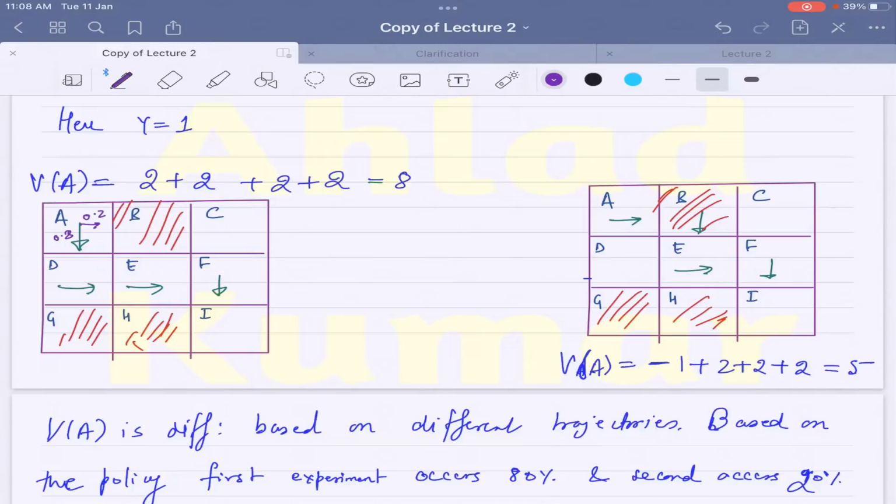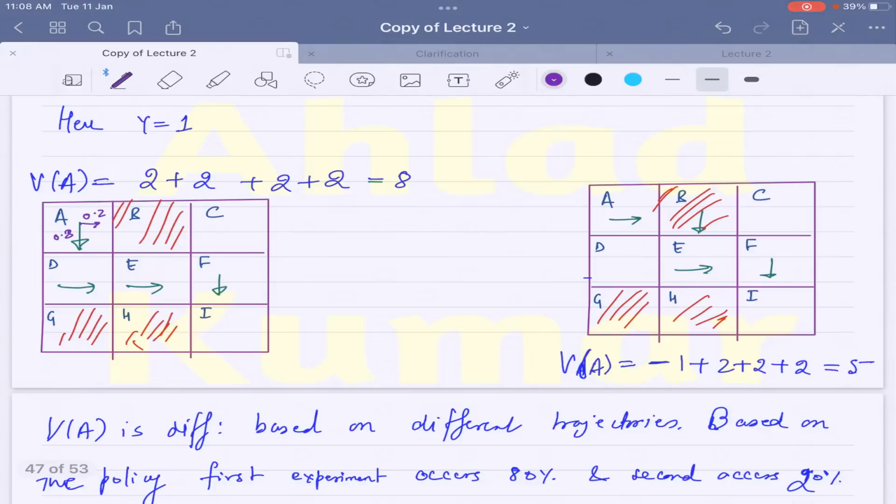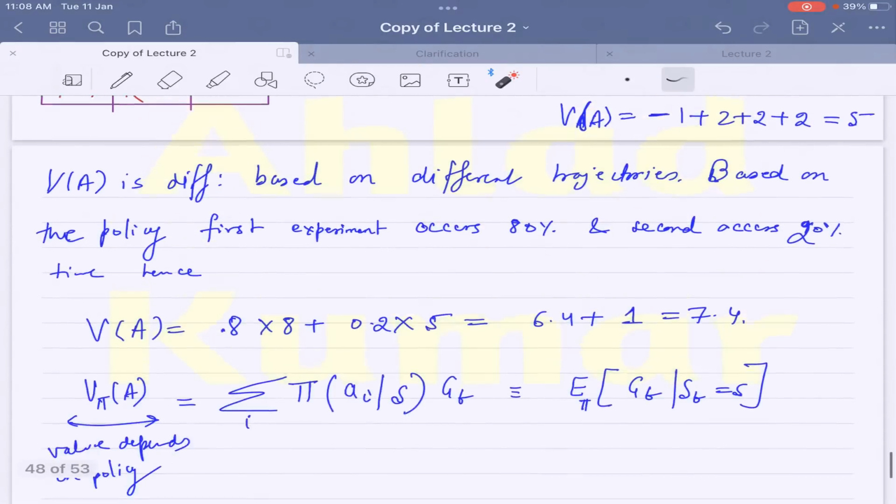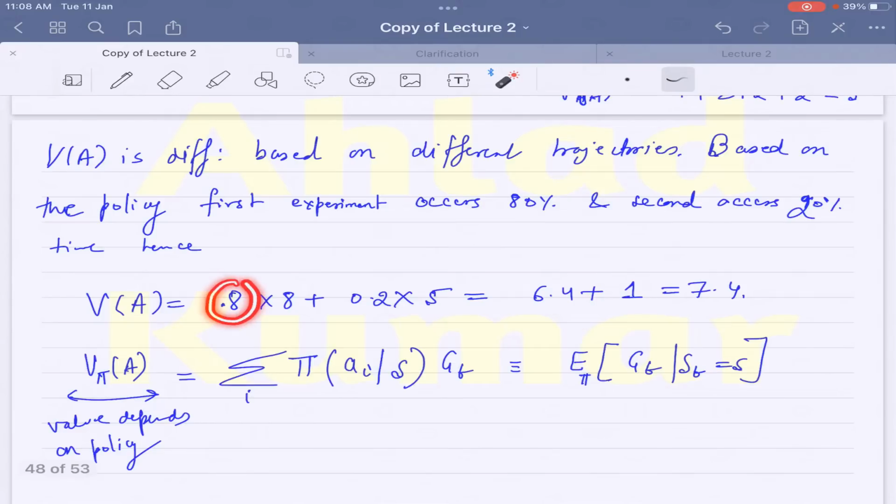So what happens is, this particular path where it takes the action down, the chance of going through this path is 0.8, whereas the chance of going through this path is 0.2, because the action involved at this state has a probability of 0.2. Because of this, you are multiplying these probabilities, the ones coming from the policy itself, with the value function.